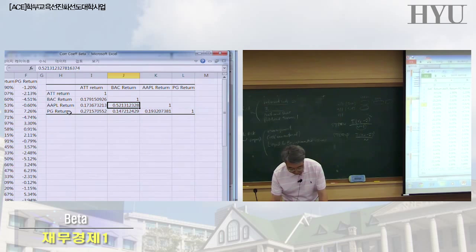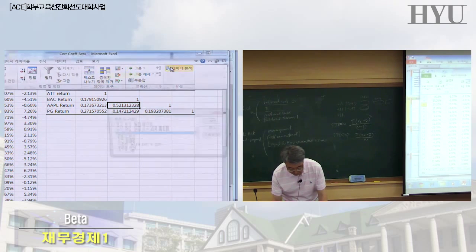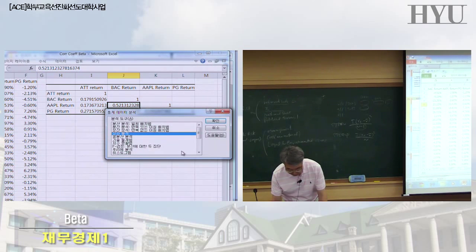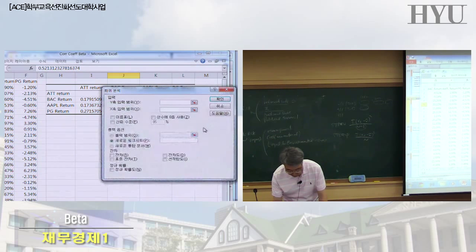Okay, here we go. Go to data analysis, and here we have 회귀 분석. In English, it should say regression analysis, right? Regression. Click here. Y variable is your individual returns.